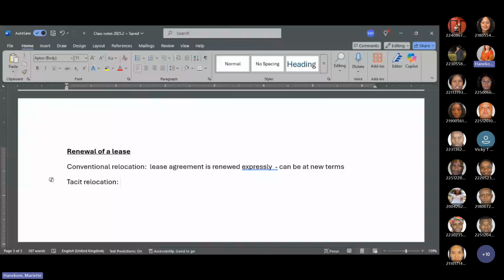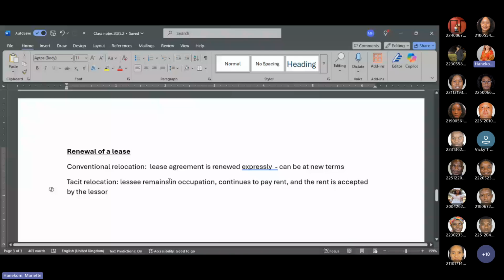What happens is that the lessee remains in occupation, continues to pay the rent, and the rent is accepted by the lessor. So when the year is over, instead of moving out, you simply stay there. You don't move out, you just stay there, and you continue paying the same amount as you used to pay.